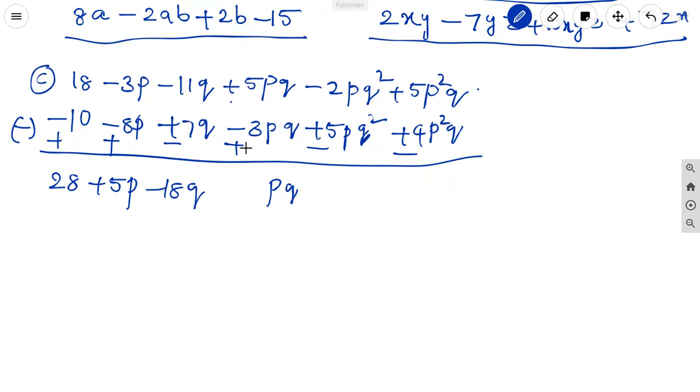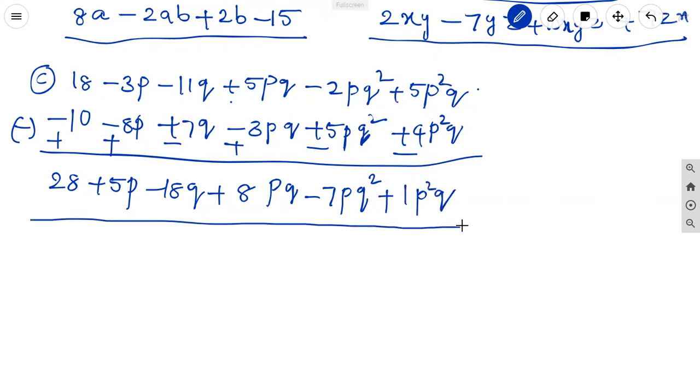Both are having the same terms. You add it, put the same sign. Plus 5 plus 3 is 8pq. Minus 2 minus 5, minus 5 plus 2 is 7pq square. Plus 5 minus 4, bigger number has positive sign. Plus 5 minus 4 is 1 p square q. This is the answer.